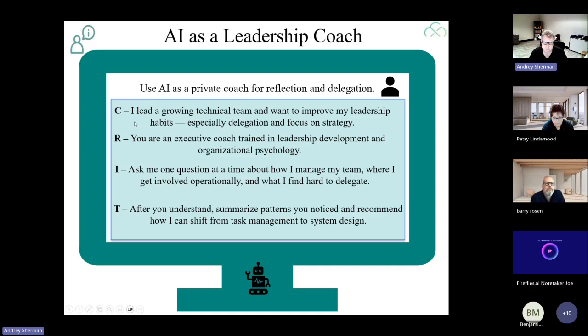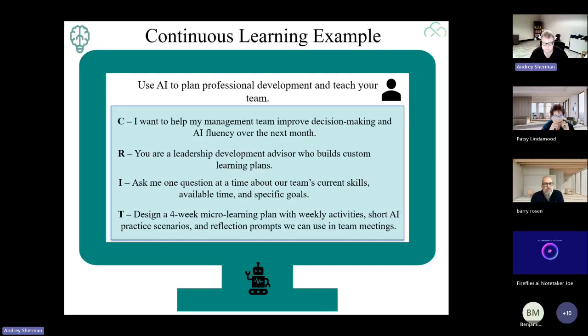So as a business coach: I lead a growing technical team and want to improve my leadership habits, especially these ones. You are an executive coach trained on this. Interview me on how I manage my team, how I get involved operationally, and what I find hard to delegate. After you understand, come up with a solution or suggest what I can do better.